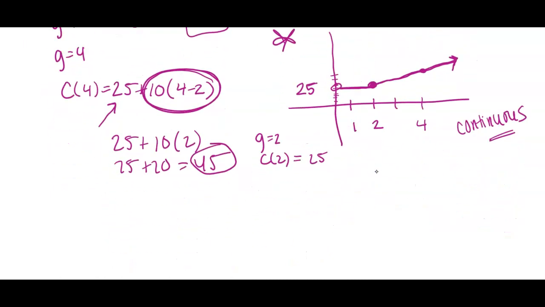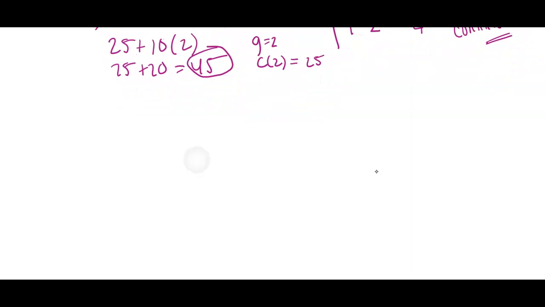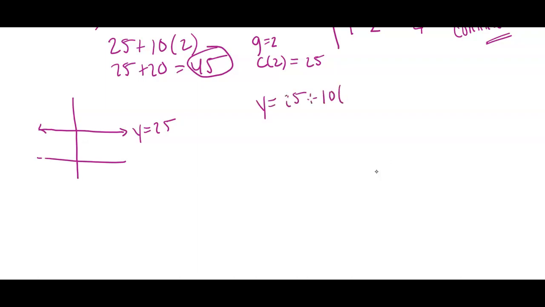Another way that you could graph this is each piece. So 25 looks like this. And then let's think about what the graph of 25 plus 10 times (x minus 2) looks like.